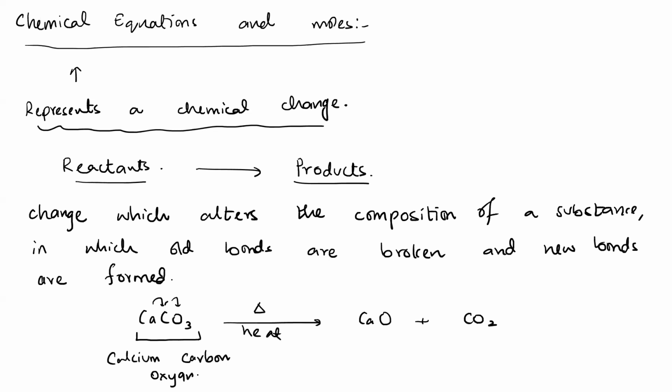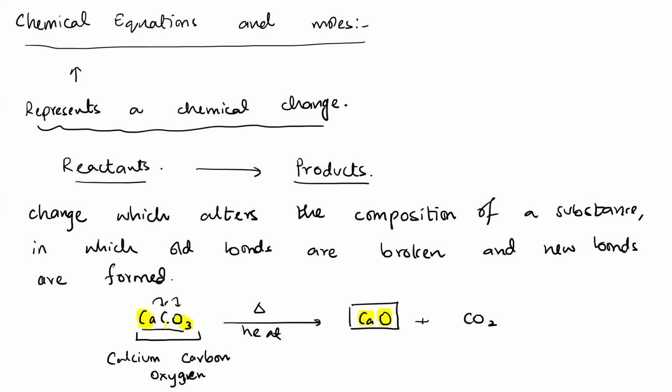Now, when you heat this up, the bonds between these three substances break and certain new substances are formed. So here you see calcium is not bonded to carbon, calcium is bonded to oxygen. So there is a new bond now between calcium and oxygen. So this change represents a chemical change.